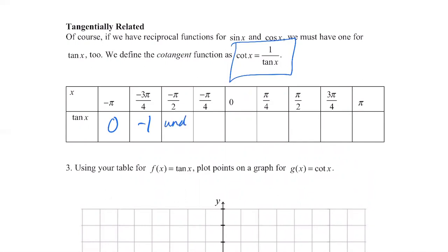The tangent of negative pi over 4 is, again, negative 1. The tangent of 0 is 0. The tangent of pi over 4 is 1. The tangent of pi over 2 is undefined. And the tangent of 3 pi over 4 is 1, with the tangent of pi being 0.